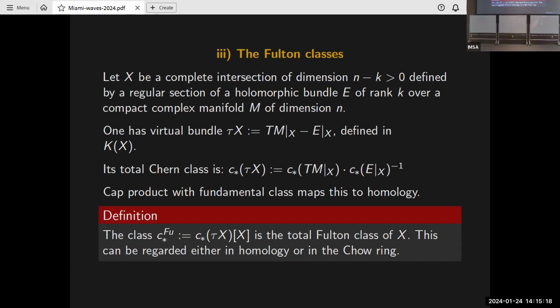And then you can take the Chern classes of this, which by definition means taking the total Chern class of the tangent bundle and multiplying by the inverse of the Chern class of the bundle E. That gives you the total Chern class of the virtual bundle, the Fulton class. This definition, as such, requires a complete intersection, but that's just for simplicity.